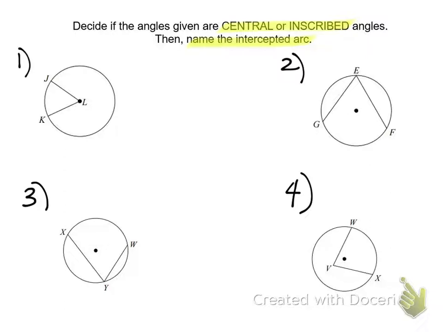Correct. And then when you name an arc, you just put the little arc symbol. Yeah, that's good. So you're doing one at a time. Good. Yep, one at a time. That first one's good. Second one's good. You got to name the arc.